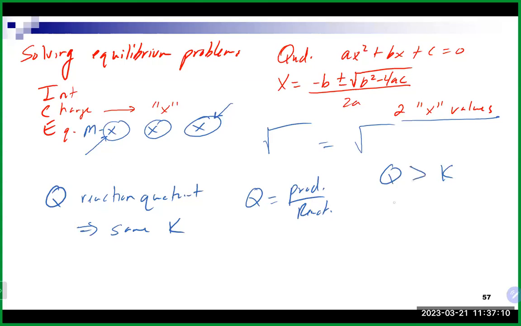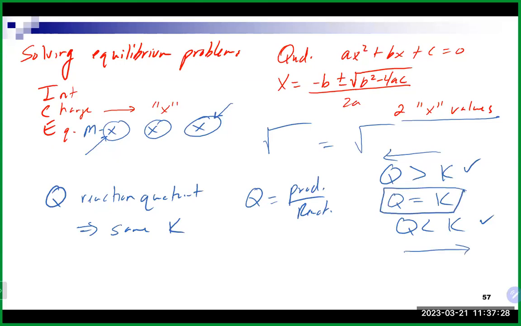Either Q will be too big, or Q will equal K, or Q will be less than K. If it's not at equilibrium, then to reach equilibrium you would need to make some reactants in one case and some products in the other. If you calculate Q and it equals the equilibrium constant, it is at equilibrium, so you would be done.